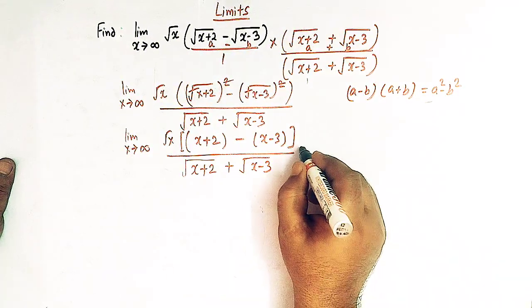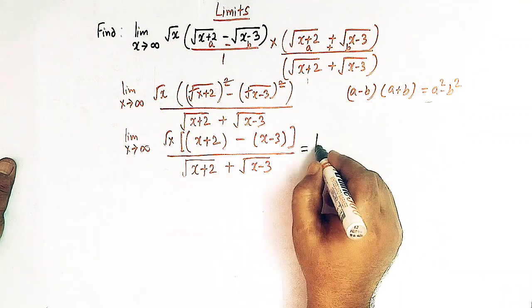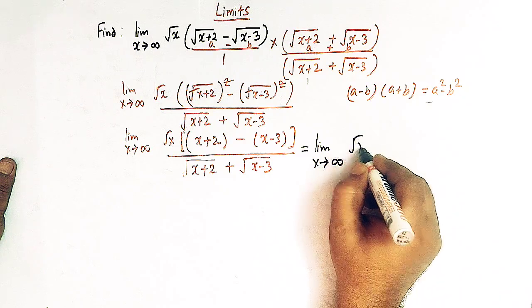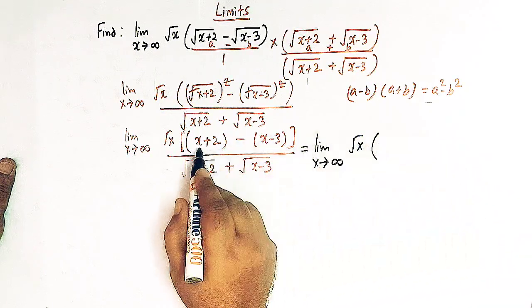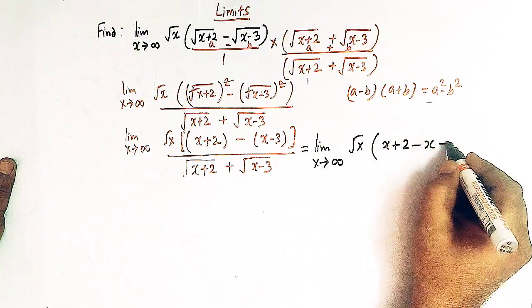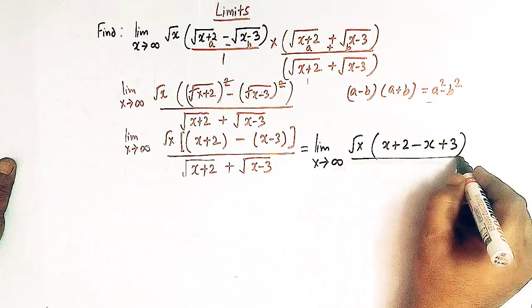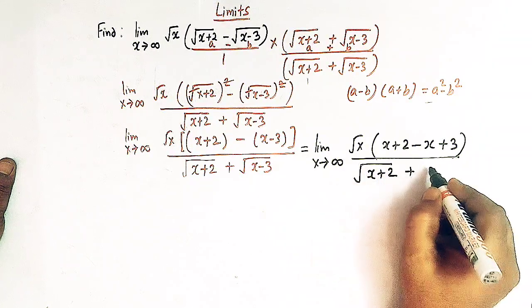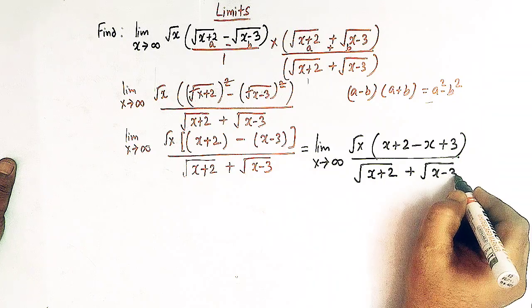So now we can simplify this term. We have limit x tends to infinity of square root of x times (x plus 2 minus x plus 3), and in the denominator square root of x plus 2 plus square root of x minus 3.